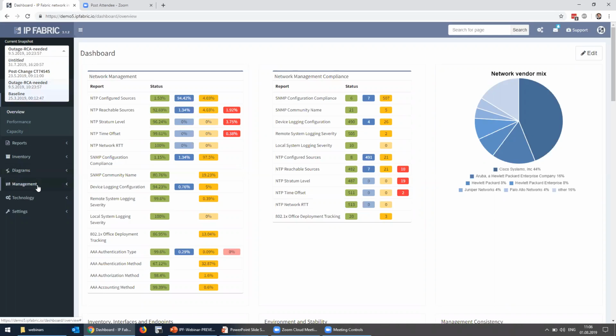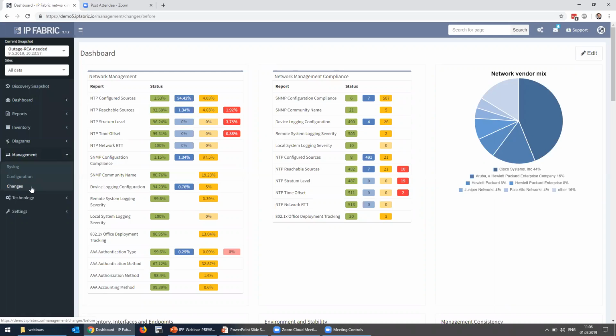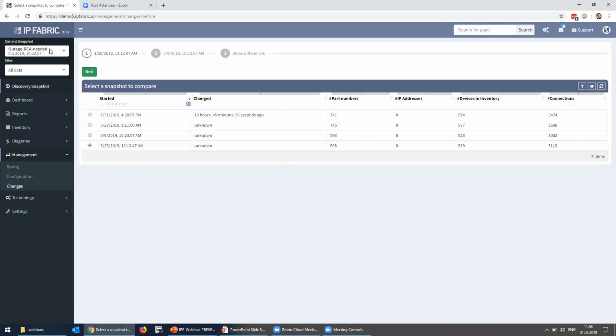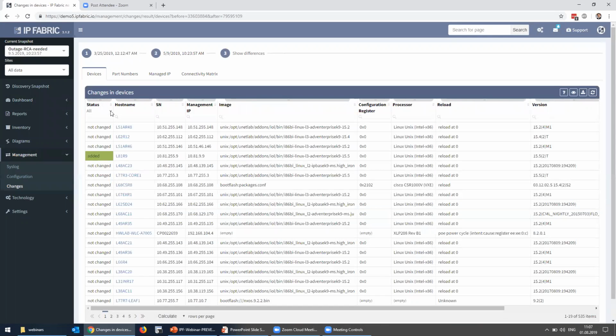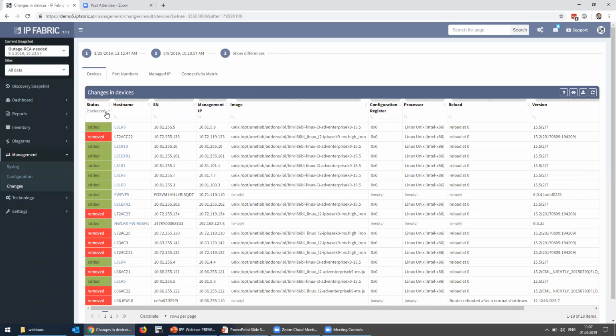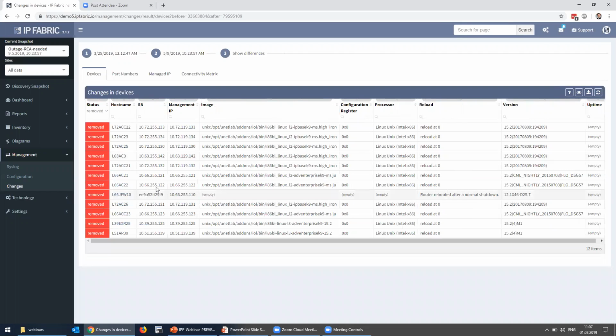We can actually look at what has happened in that time by comparing our baseline snapshot with the snapshot from when the outage happened, and see what was unavailable, what the problem was at that time, by looking at what was missing. So there is a device that was missing.